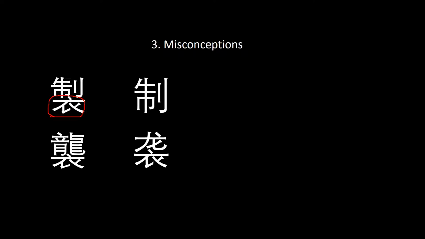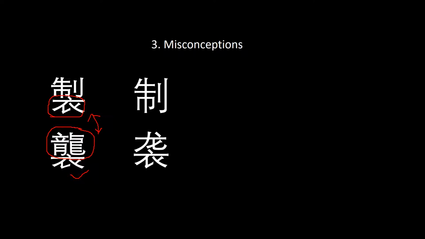But then again, if you look at this word, 袭 means to attack. For this second character, you only simplify the top part, but you still retain the bottom part. You don't remove the clothes component, even though both words have it.